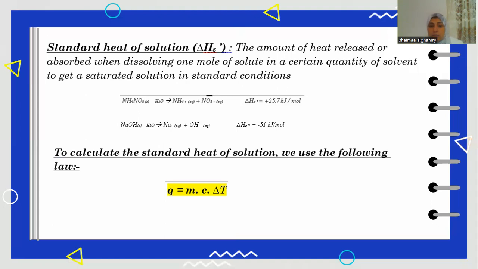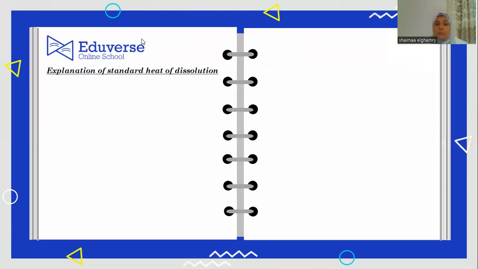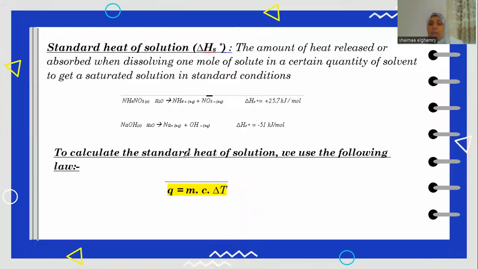To calculate the standard heat of solution, we use this rule, which says Q equals m c delta T. By calculating the Q, then we can calculate delta H of the solution, which equals negative Q over n, where n represents the number of moles and Q represents the amount of heat.